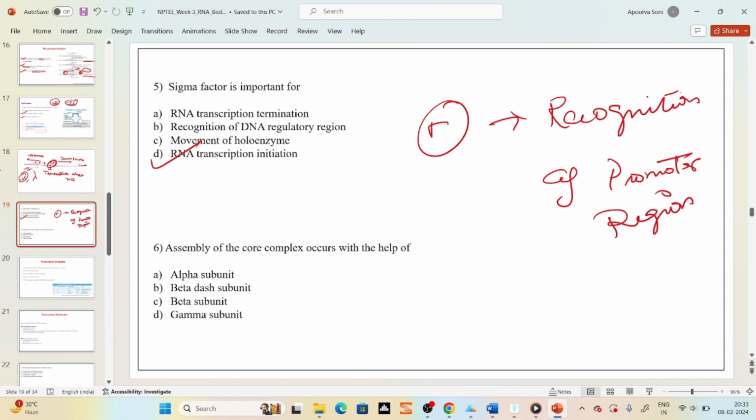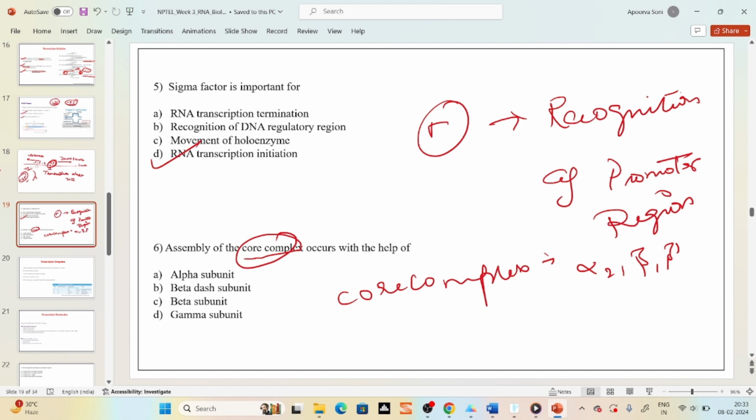Next is assembly of the core complex occurs with the help of alpha subunit, beta dash subunit, beta subunit, or gamma subunit. Remember, we are talking about the core complex, not the holoenzyme. So what is a core complex? Core complex has alpha 2, beta, beta dash, and then plus the sigma factor, it becomes holoenzyme.